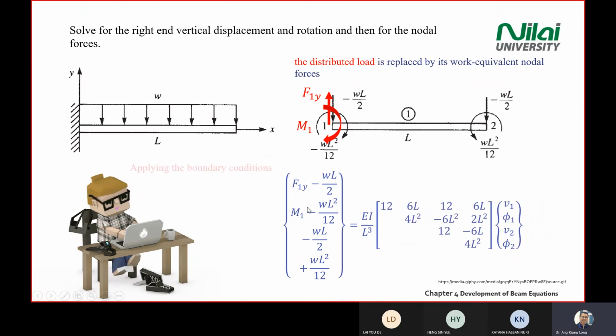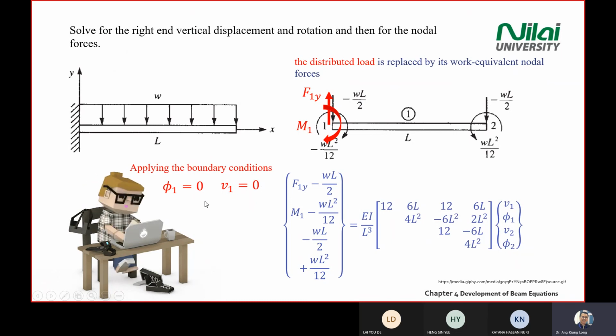The next one is solving this equation. After you have the matrix, you apply the boundary conditions. So what are the boundary conditions in this case? If you have a wall, then you don't have rotation at point 1. At the wall, point 1 is not able to move, so your displacement at point 1 will be 0. Then you take this boundary condition and put it inside the matrix equation.